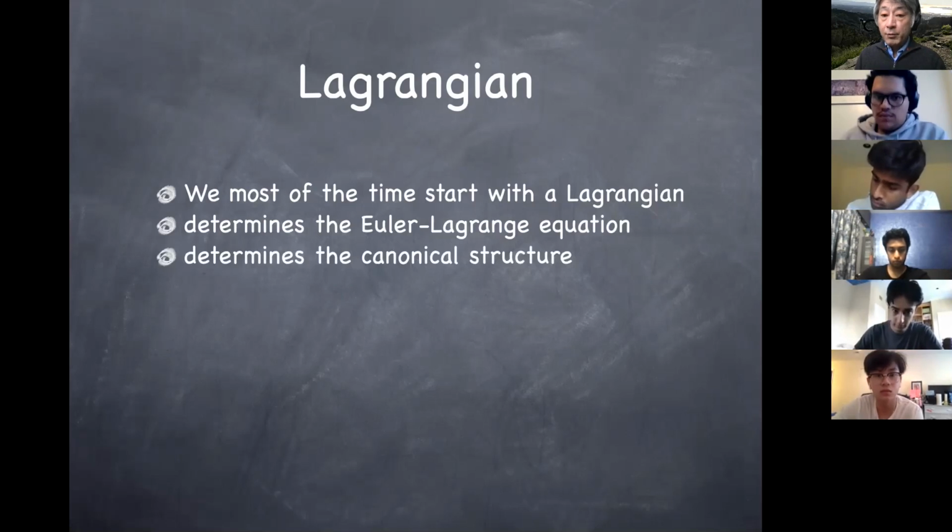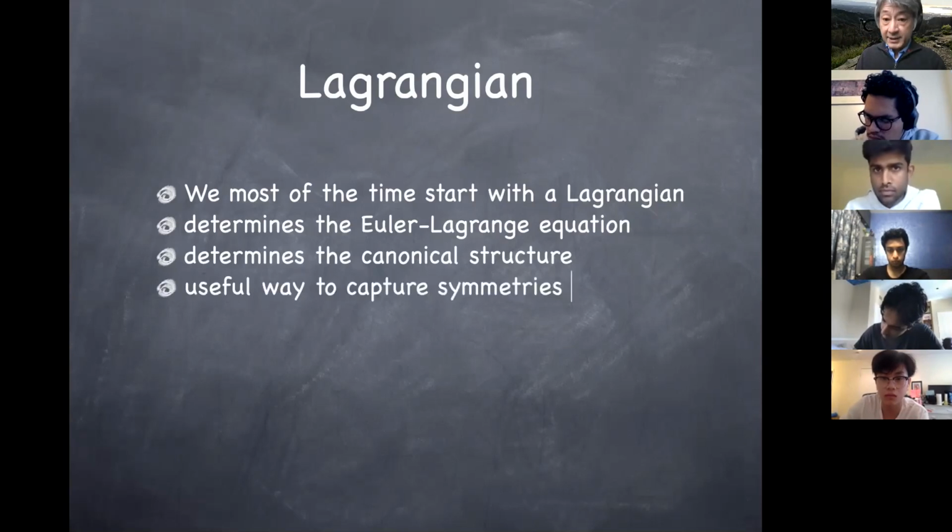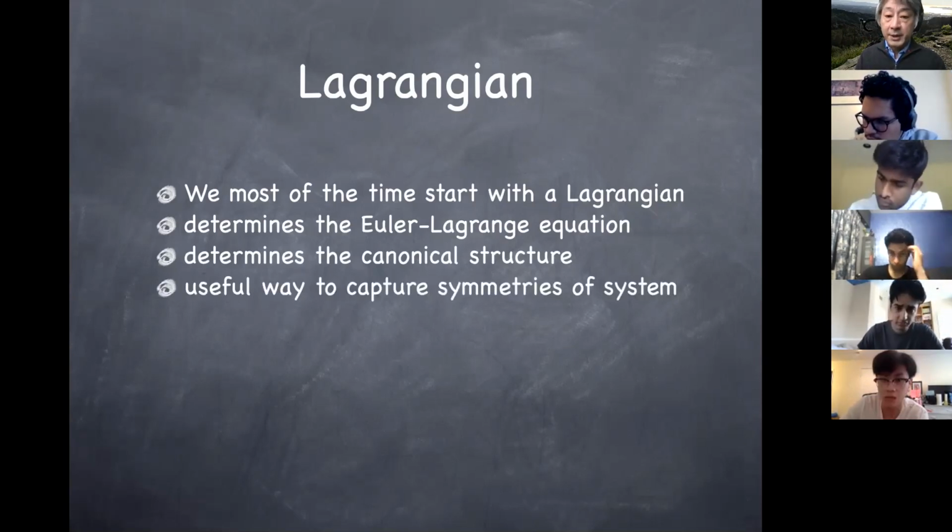But in addition, what's important in quantum theory is that the Lagrangian also determines the canonical structure, namely that for a coordinate x in the Lagrangian, you define p, the canonical momentum. Once you're given a Lagrangian, there's a unique way of identifying what p should be for a given x. That turns out to be quite important for the rest of the discussion here.